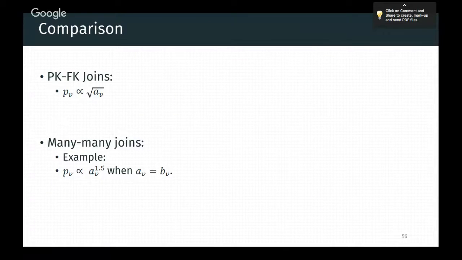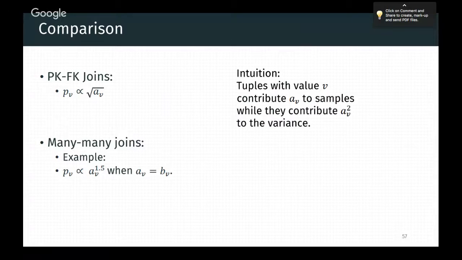None of these cases match the choice of unbiased sampling, because unbiased samples values proportional to a_w, while our results show that we should sample proportional to the square root of a_w for primary key, foreign key joins, and a_w to the power of 1.5 for many-to-many joins. The intuition here is that although tuples with value w contribute a_w to the sample size, they contribute a_w squared to the variance.